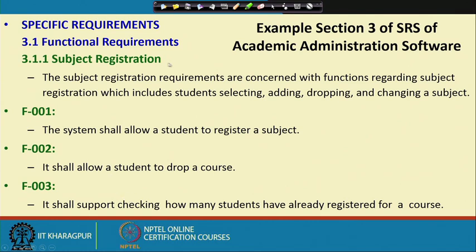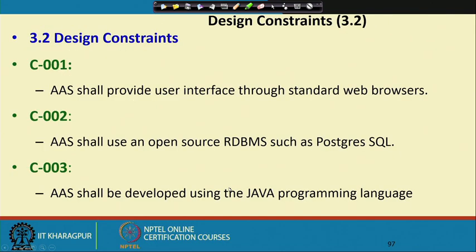For example, we organize the subject registration, that is 3.1.1, and then there can be several functionalities for subject registration. The first function may be the system shall allow a student to register a subject. Second function can be allows a student to drop a course. Third one is that it supports checking how many students have already registered for a course.